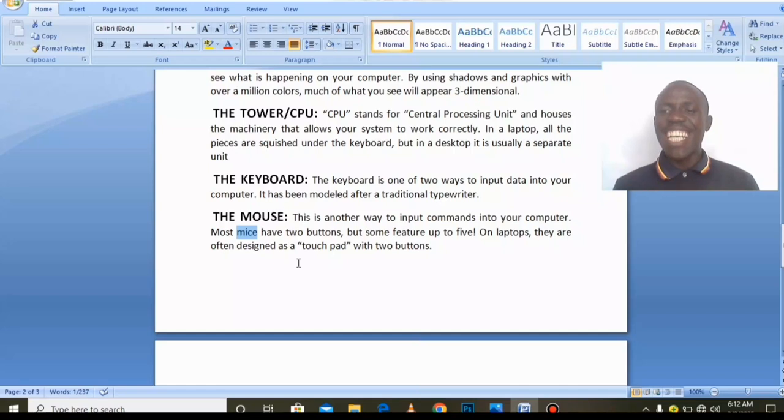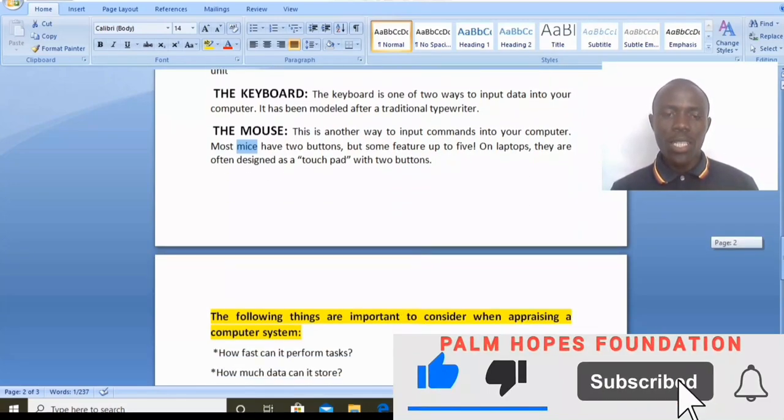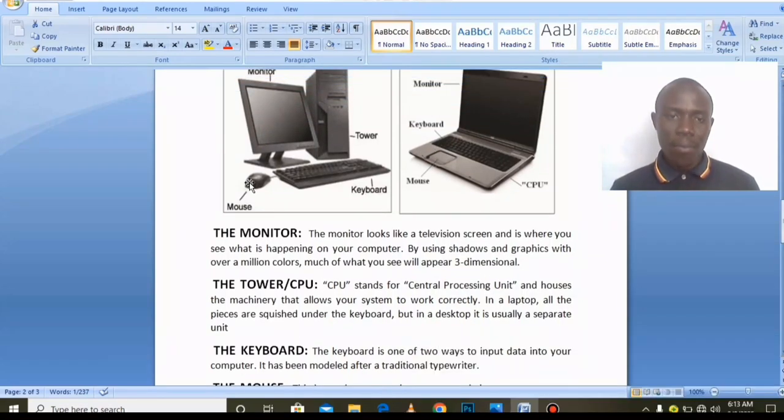If it is one, we call it a mouse, but if it is more than one, we call them mice. Most have two buttons, but some feature up to five. On laptops, they are often designed as a touchpad with two buttons. So this one is the mouse, or here the touchpad. Here we have the left and also the right, and with the mouse we also have the right and the left.